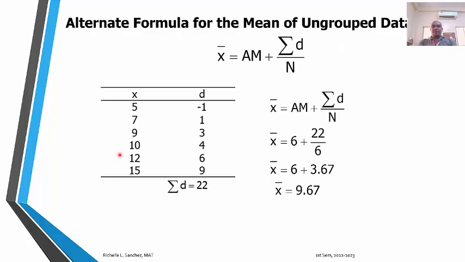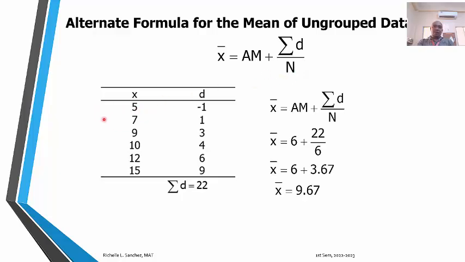The alternate formula for our mean for our ungrouped data is this one. X bar or mean is equal to AM plus summation of D divided by N, where AM is the assumed mean, and D is the deviation from the mean, and N is the total number of cases.